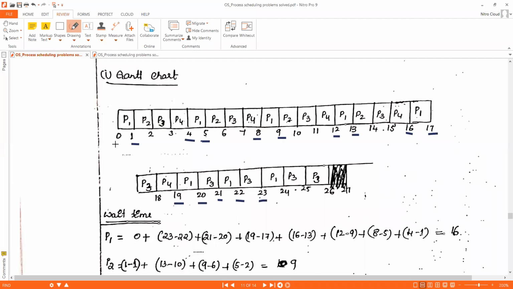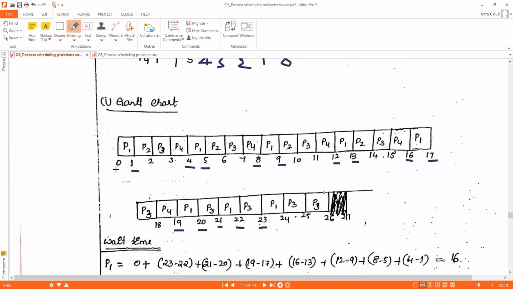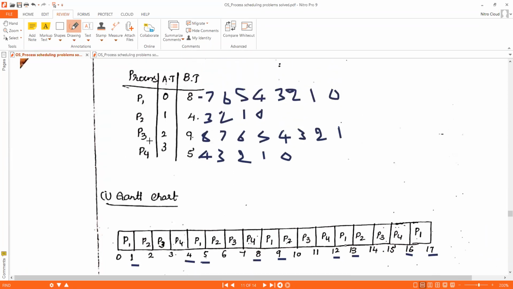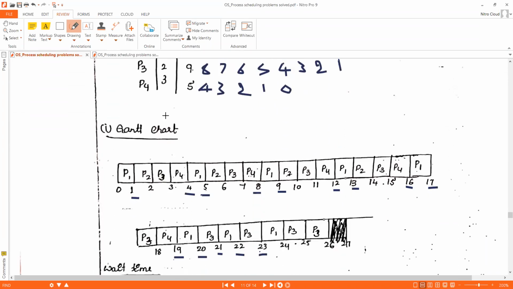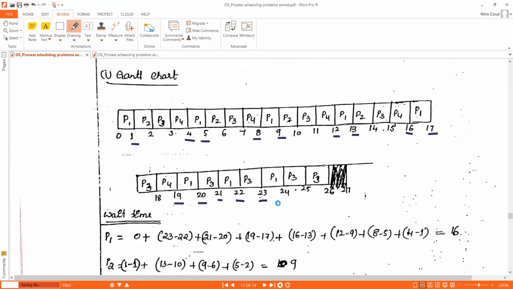Here, process 1's allotted time is 0, the first initial allotted time, minus its arrival time, which is 0. 0 minus 0 is 0, plus process 1's last allotted time, clock time 23 milliseconds, minus its last preempted time. Process 1's previous preempted time is 22. 23 minus 22.